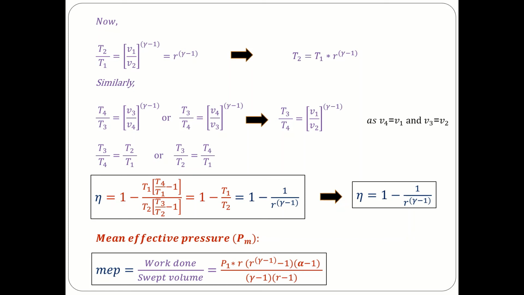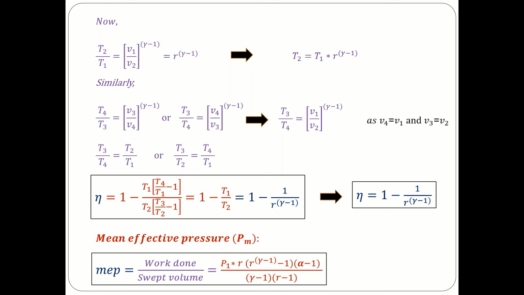So I told you that in the actual power stroke, the pressure is maximum when the piston is at the top and minimum when the piston reaches the bottom dead center, and there is continuous variation in the pressure. But if you calculate an average pressure or mean effective pressure, the work output which is obtained using this term mean effective pressure will be the same as the work which is obtained when you consider the changes in pressure in the actual cycle.